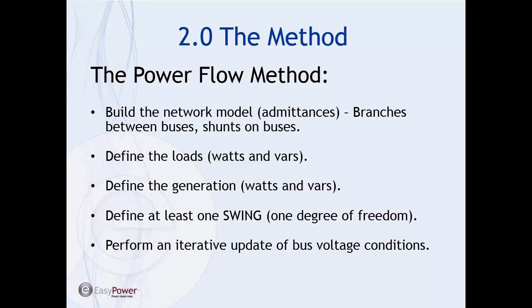You define your generation, your real and reactive power for generation. Then you define at least one location or one degree of freedom, and we call it the swing, to basically take care of any slight imbalance you have between load and generation, and we'll see the real need for that in just a moment. Then we perform an iterative update of the bus voltage conditions.